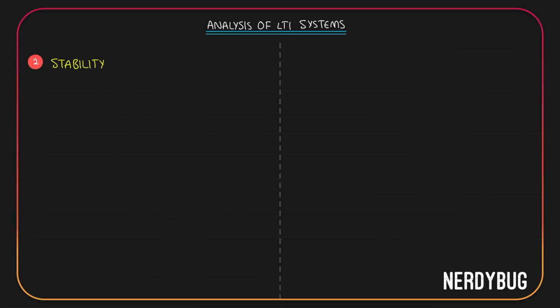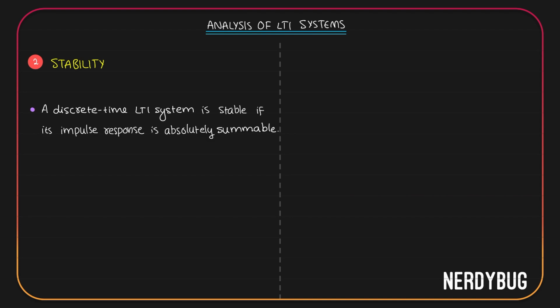Now let us learn how to check the stability of an LTI system using the Z transform. We have already learned that for a discrete time LTI system to be stable, the impulse response should be absolutely summable. But if the impulse response is absolutely summable, then the Fourier transform converges to a finite value.